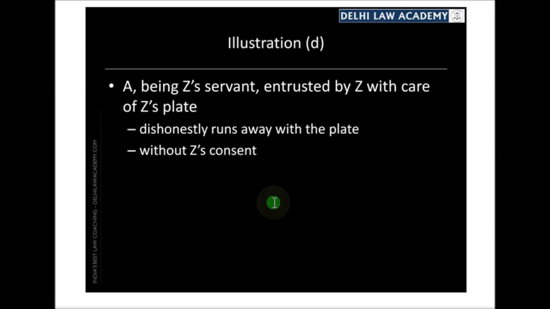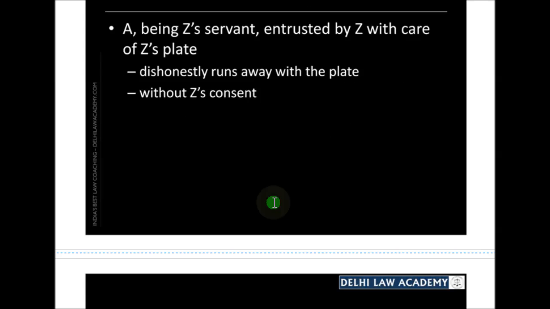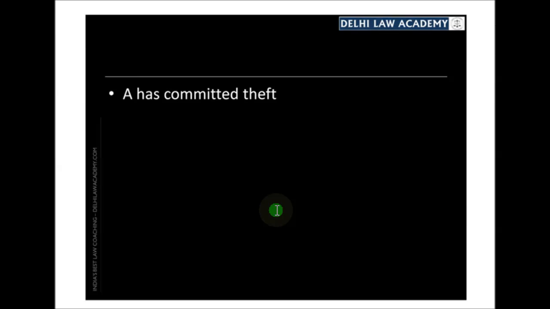Now, in this case, as the facts show, the plate was actually given by Z himself to A, and therefore it cannot be said that A took possession of the plate from Z without Z's consent. Even then, the answer on these particular facts as given in the IPC is this: the answer is A has committed theft. So, how has it come about?